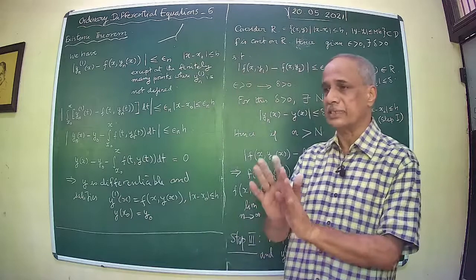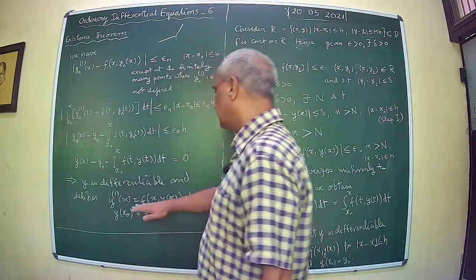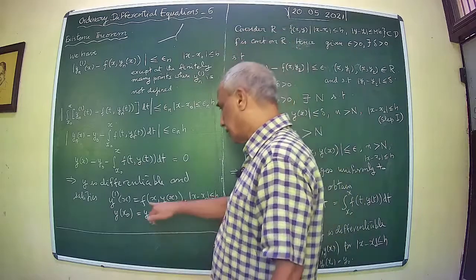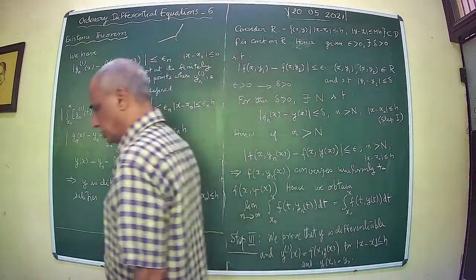So we have proved the existence and uniqueness theorem, and in that we have assumed f is Lipschitz, and that is a crucial condition other than continuity that we have assumed.